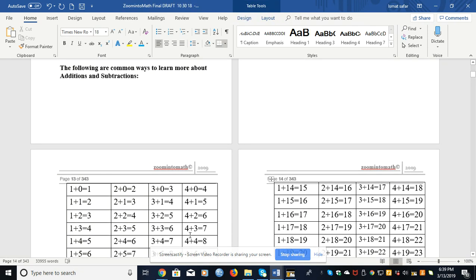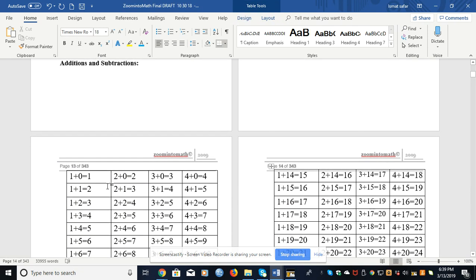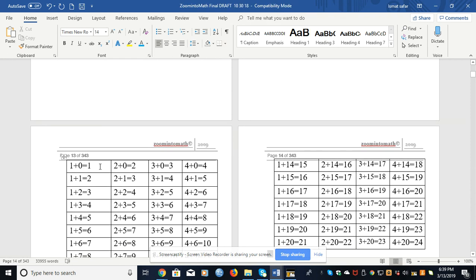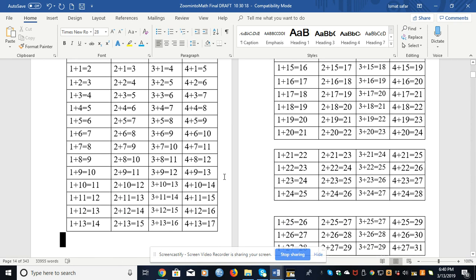I made these in my book. 1 plus 0 equals 1. 2 plus 0 equals 2. 3 plus 0 equals 3. 4 plus 0 equals 4. Now, 1 plus 1 equals 2. 2 plus 1 equals 3. 3 plus 1 equals 4. 4 plus 1 equals 5. I made many of these tables myself in my book.